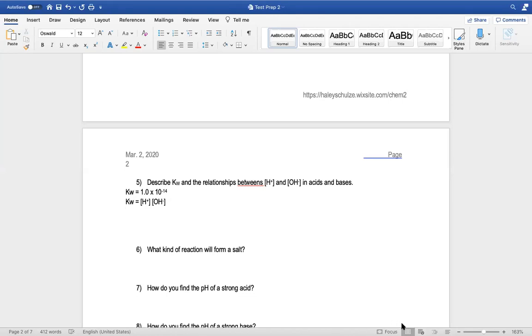What else with this? Okay, so for an acid, when you have an acid, your H plus ion is going to be considered to be greater than your OH.